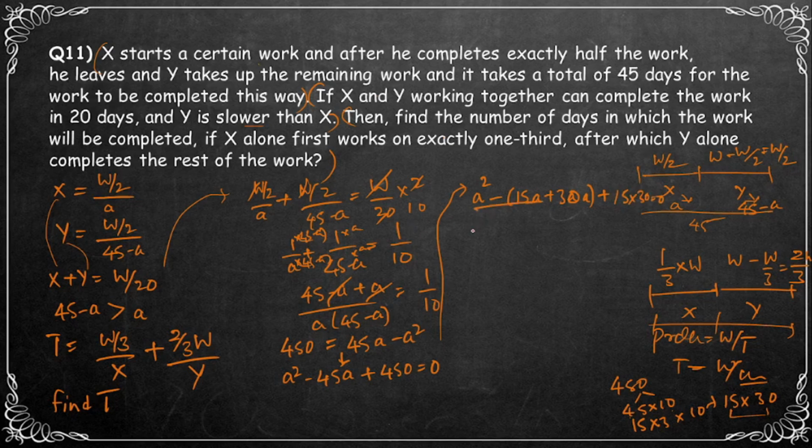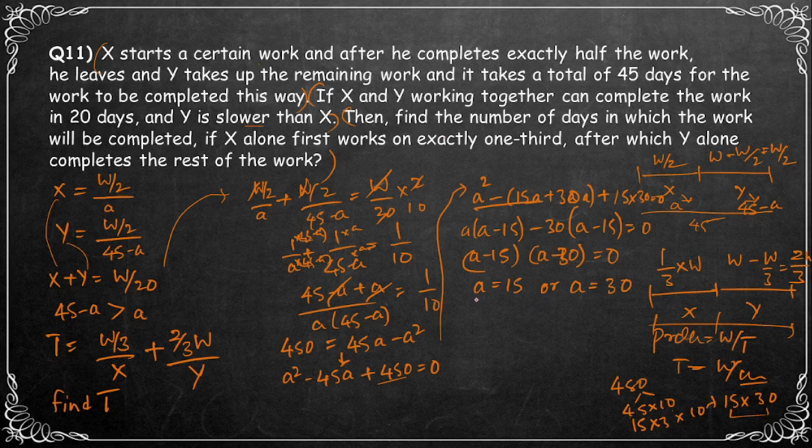So if we take a common here, a into (a minus 15), minus 30 common, we have (a minus 15) again, is equal to 0. So (a minus 15) into (a minus 30). We are simply finding the roots of this quadratic equation. So a can be 15 or a can be 30.